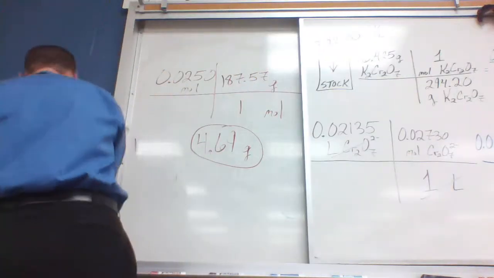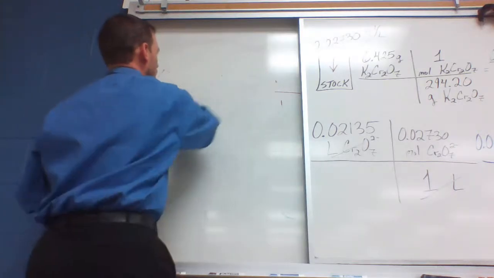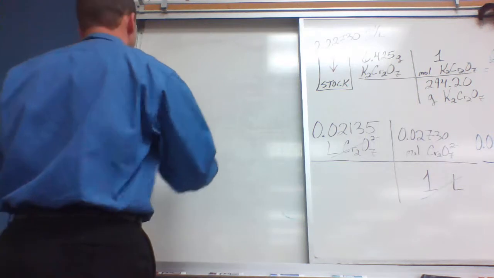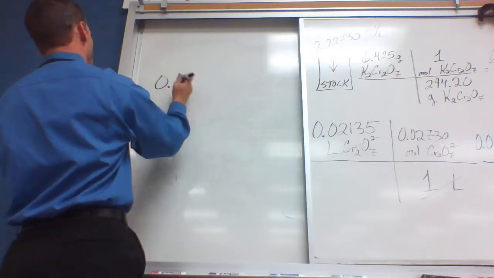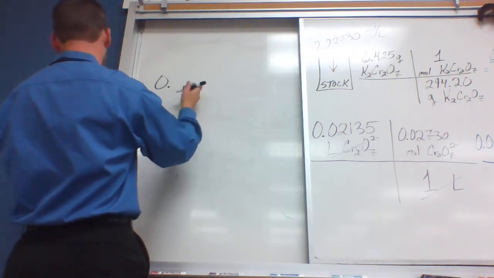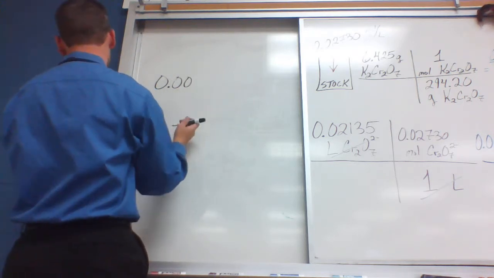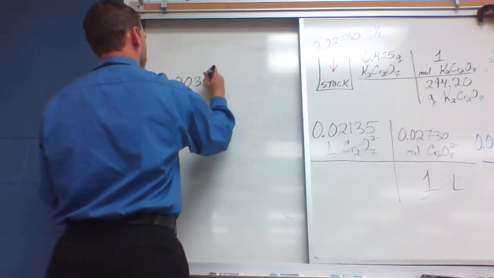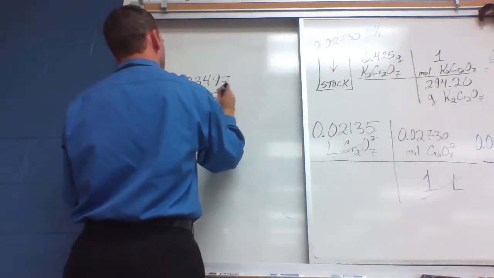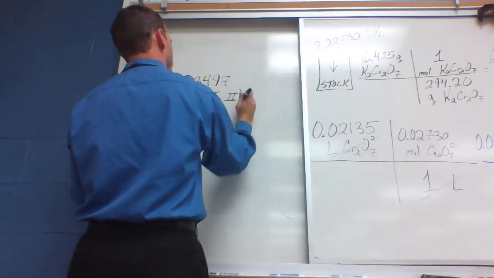No, it's not the last step. This will give us a mole count of 0.003497. And that's moles of the unknown, iron 2+.